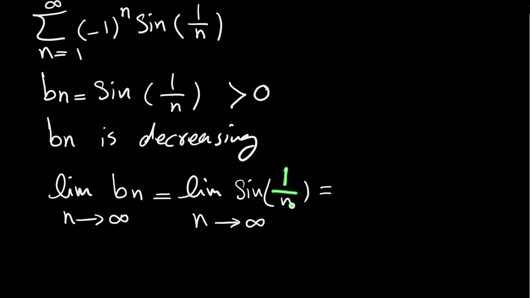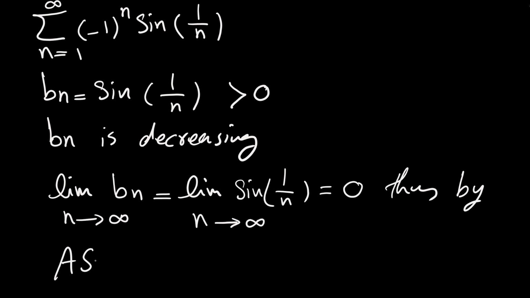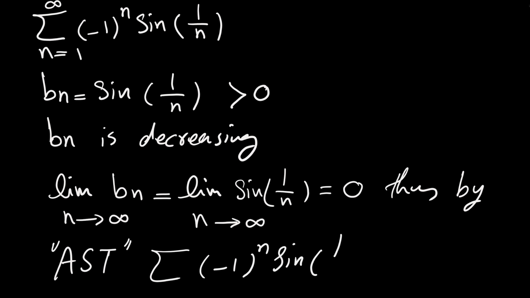Okay, 1 over infinity is 0. Sine of 0 is 0. And you see that we have all three properties of the alternating series test. So I can conclude that by the alternating series test, sigma negative 1 to the power n sine of 1 over n converges.